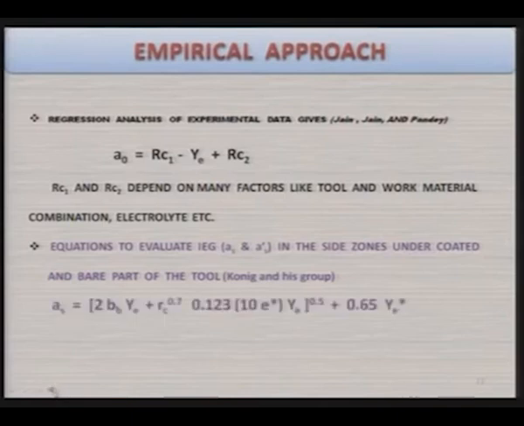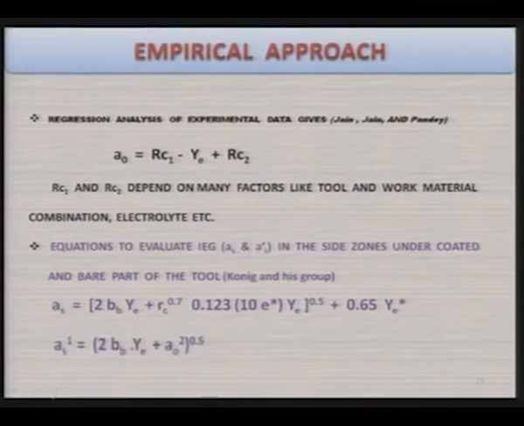Later on in the same paper, they have given the equation for AS, that is given over here, that is AS is equal to 2 BB, that is the bare bit length, multiplied by YE plus RC raised to power 0.7 into 0.12310 E star multiplied by YE raised to power 0.5 and 0.65 by YE.